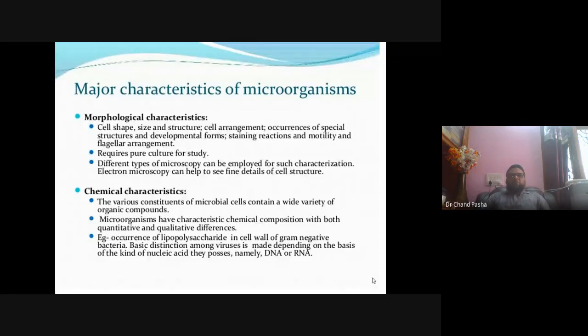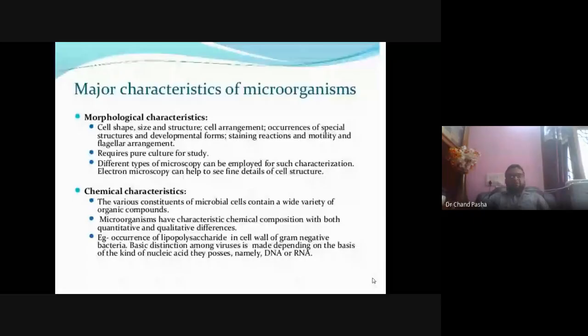Morphological characteristics are basically of two types: microscopic characteristics and growth characteristics. Microscopic characteristics will tell you the shape of the cells, the size, the arrangement of the cells, and the Gram staining status.